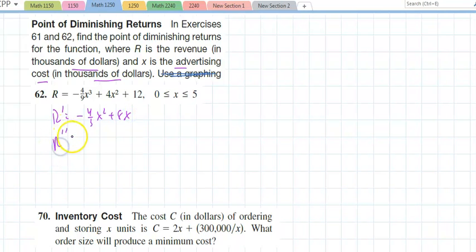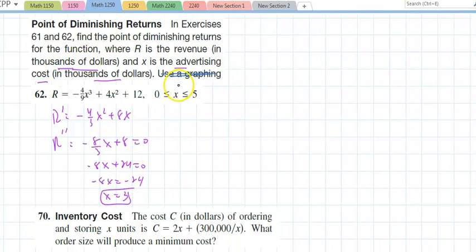Take another derivative, that is negative 8/3 x plus 8, set that equal to 0. That means negative 8x plus 24 equals 0. I cleared the fractions. Negative 8x equals negative 24, x would be 3. And here, since this is in thousands of dollars, whoever is doing this wants to invest at most $3,000.